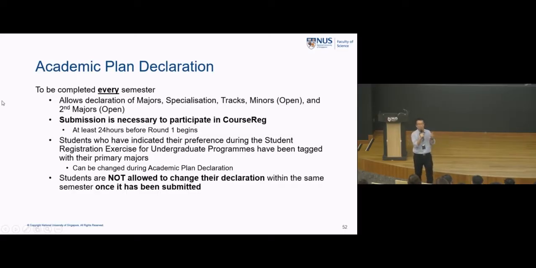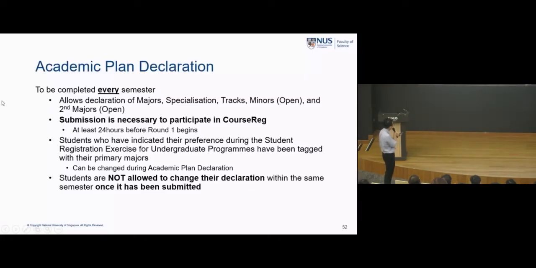Why? Because every primary major has its own specific set of major requirements that need to be fulfilled. Can you imagine if today you are primary major life science, next semester chemistry, then after that you say I want physics, then after that you want QF, you will never be able to complete the major requirements that are needed for you to graduate. Okay? So take your time, but don't take too long.